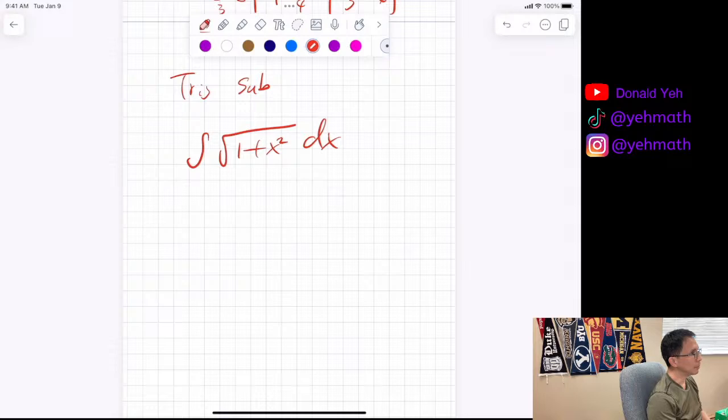Or you have to use some kind of conversion. You're absolutely right. But the problem is there are three options: arcsine, arctan, and arcsecant.